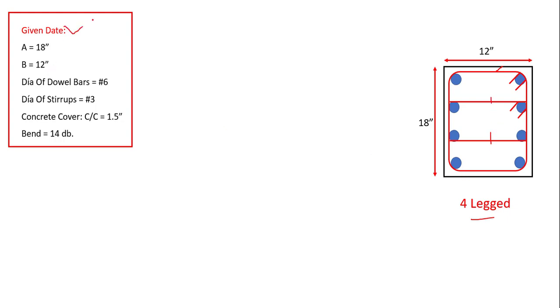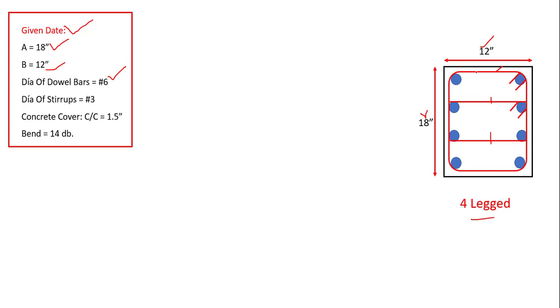Given data is over here. A is equal to 18 inch, this is A. B is equal to 12 inch, this is B. Now the dia of the dowel bar, it is very important to mention the dia of the dowel or the main bars as well, because it will be usable over here. So we are using number 6 bar, 6 by 8 inch.